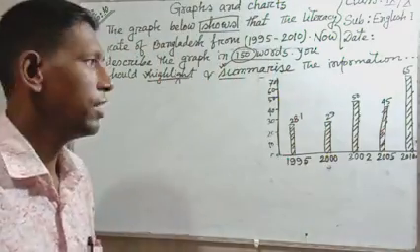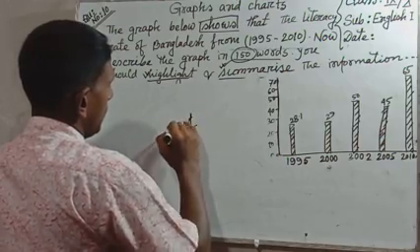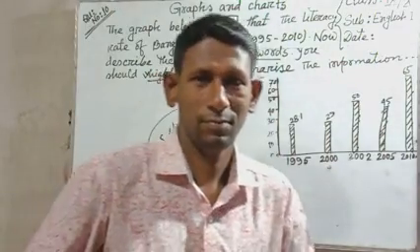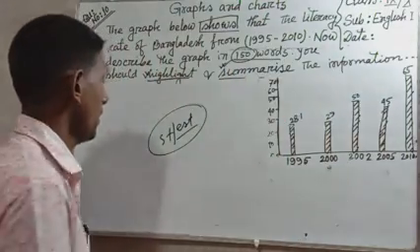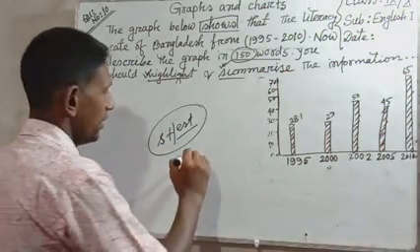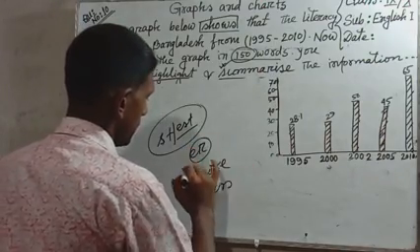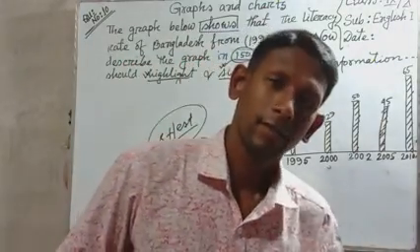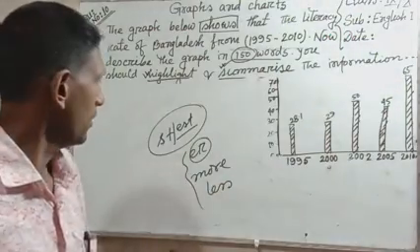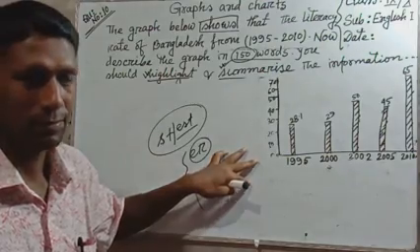At the time of superlative, we use est after the adjective. Clear? And at the time of comparative, er, more, less. So at the time of writing the graph, superlative and comparative forms are very much needed.